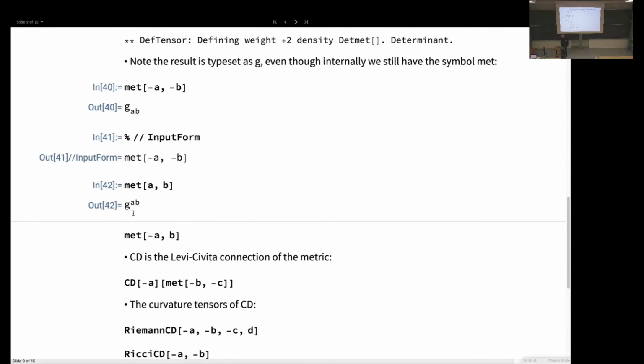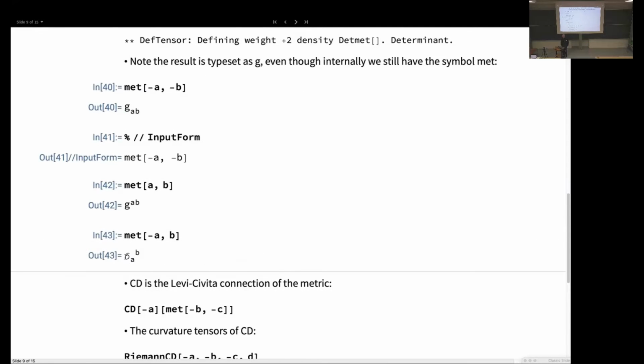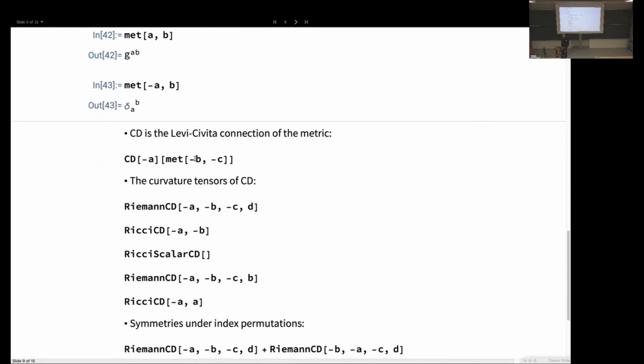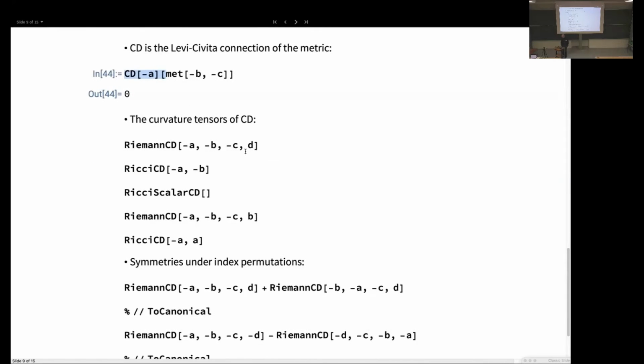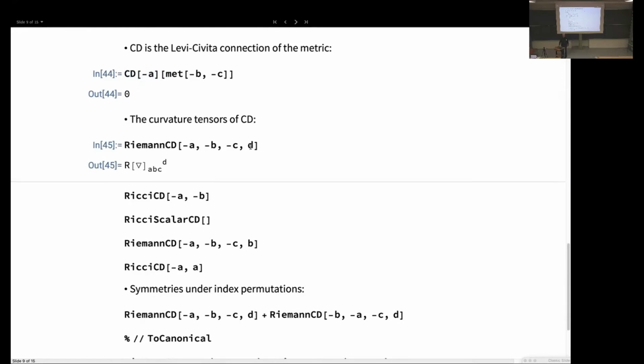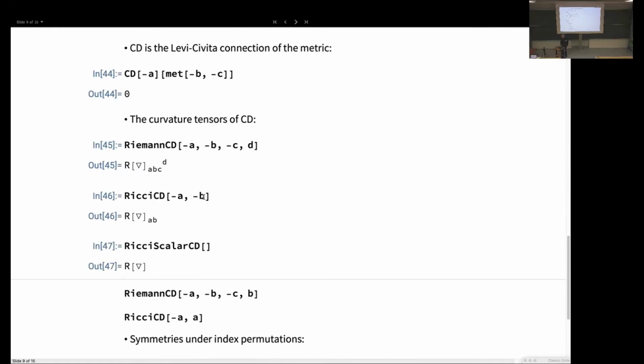That's the inverse of the metric, and the metric with staggered indices automatically converts to delta. Of course, this is the Levi-Civita connection, so it knows that the derivative of this metric is 0. Now this is the Riemann. Notice the last index is up, that's Wald's convention. That's the Ricci scalar. And this is the derivative I define, right? You can have many connections at the same time in the system. Each one will have its own Ricci.